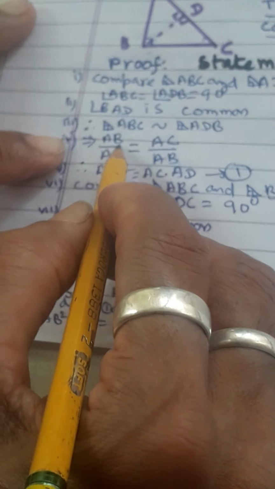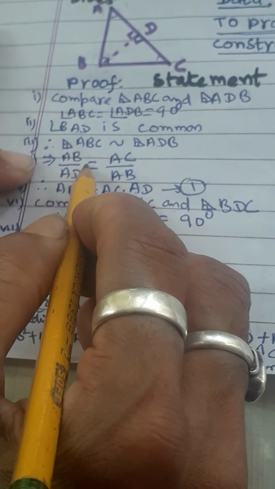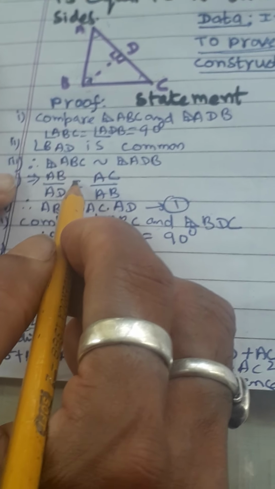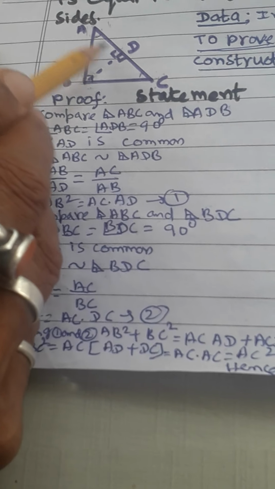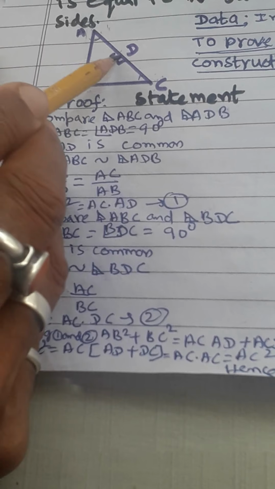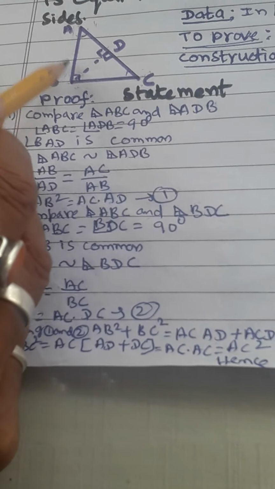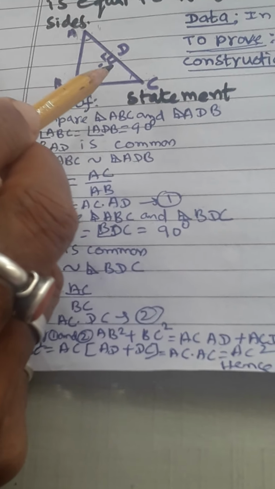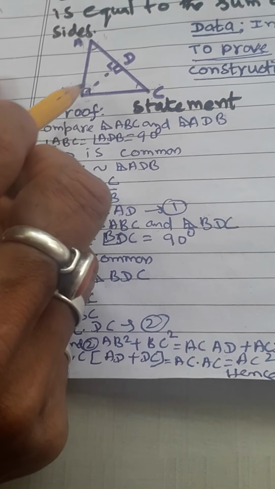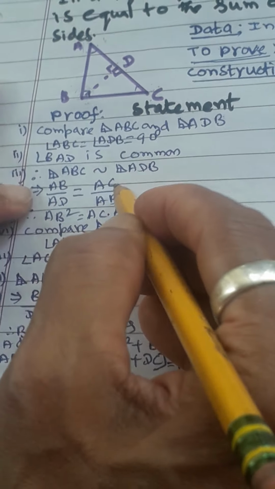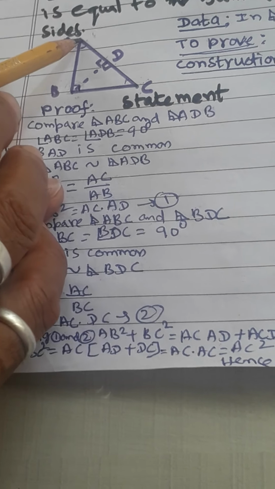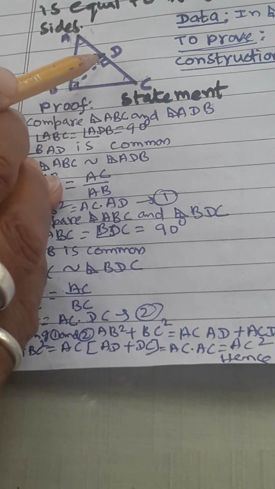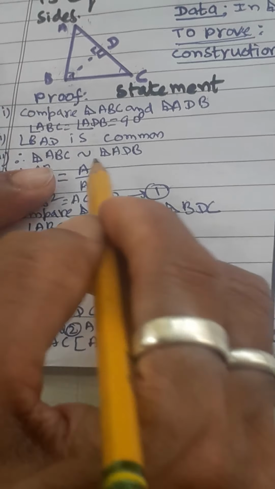Then once equiangular, we know that corresponding sides are proportional. The first angle, 90 degrees, here and here. So AB divided by AD is equal to, then for the other sides, AC divided by AB. AC is the hypotenuse, and for the other triangle the hypotenuse is AB.